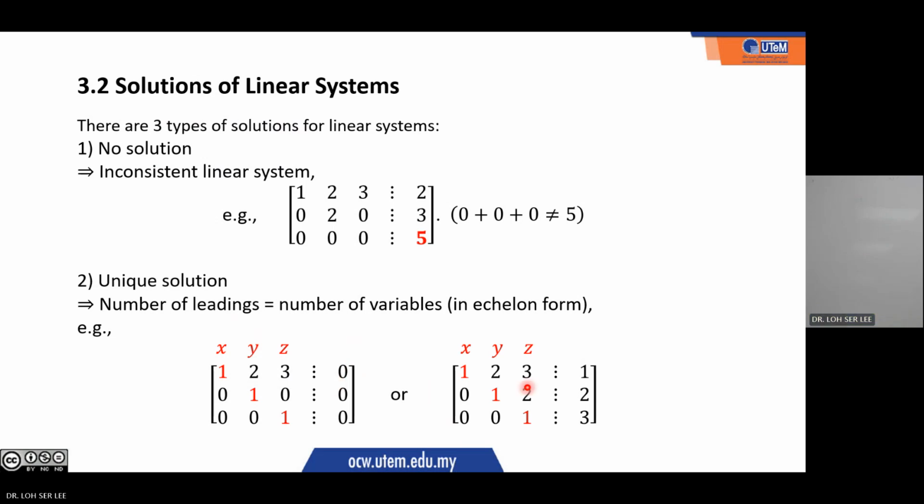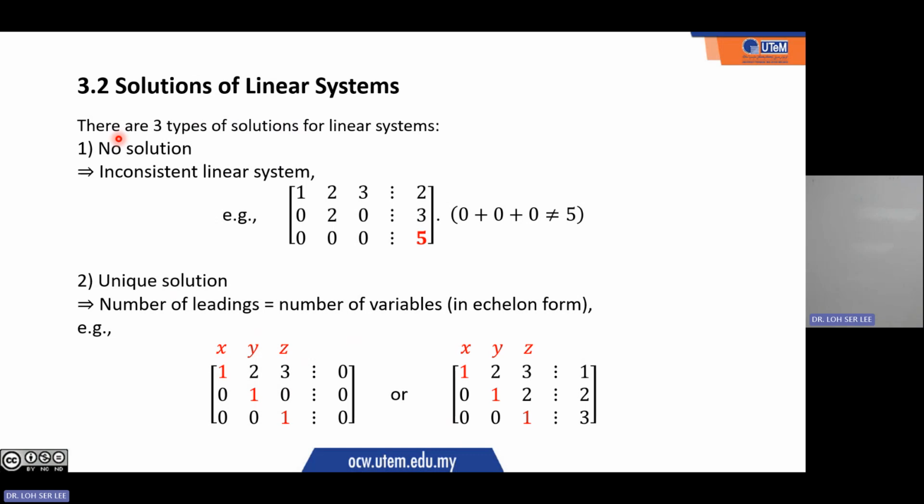It must be in echelon form. We reduce into echelon form and then only we count how many pivots and how many variables. Then we know whether it provides no solution, a unique solution, or infinitely many solutions. But remember, when the number of pivots is the same as the number of variables, it gives only one solution, a unique solution.